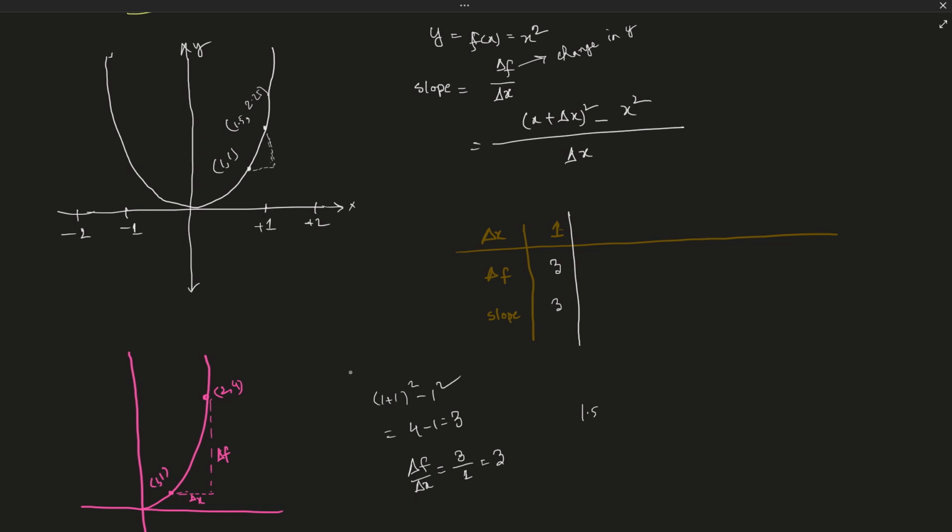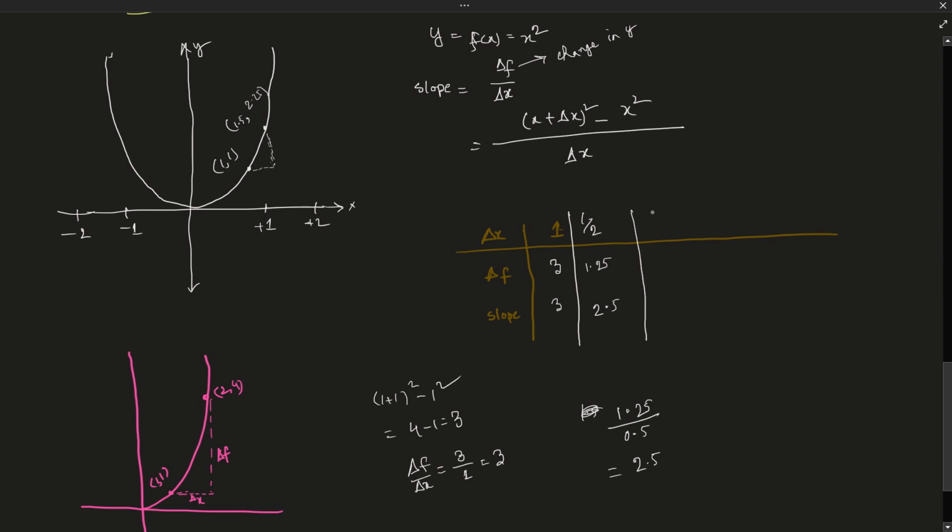Okay, so basically our del x is half, so del f will be 1.25, and if we calculate the slope, this is 1.25 by 0.5, which is 2.5. So the slope will be 2.5 here.